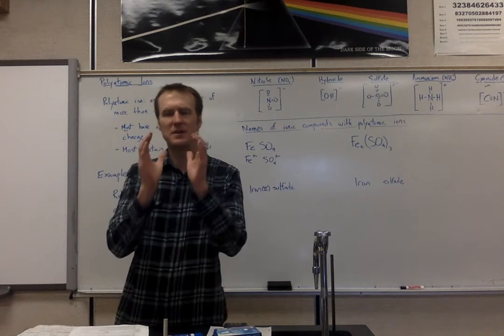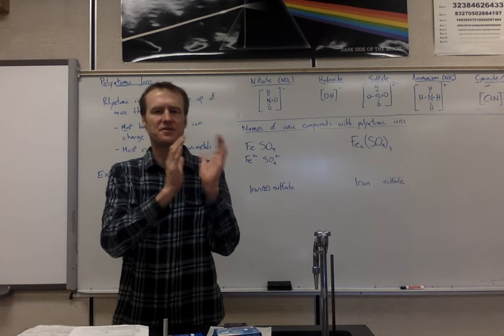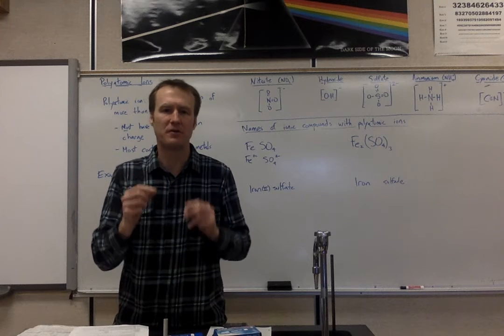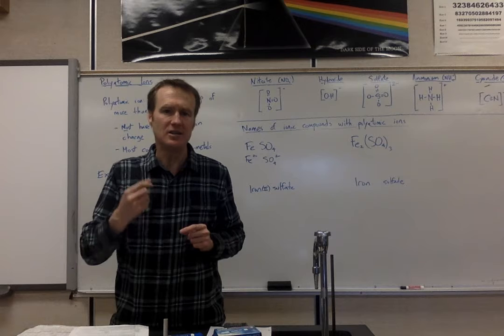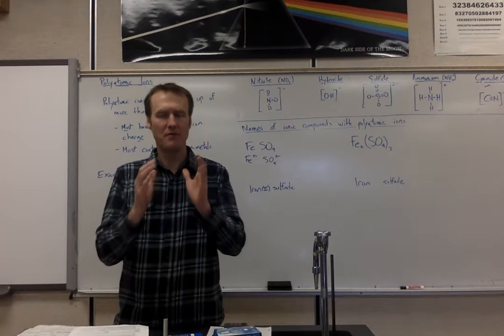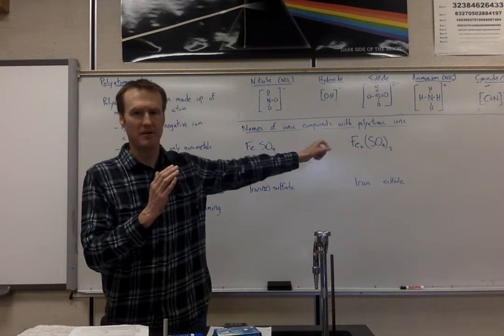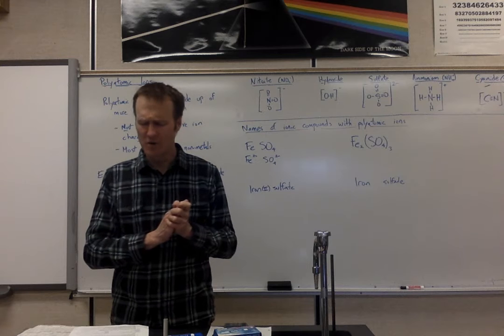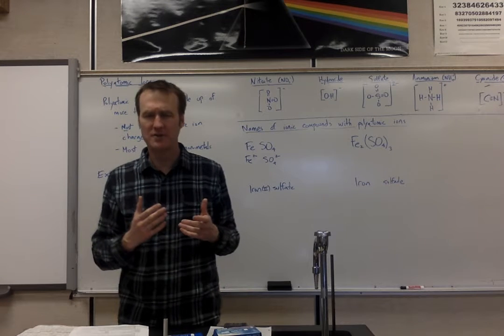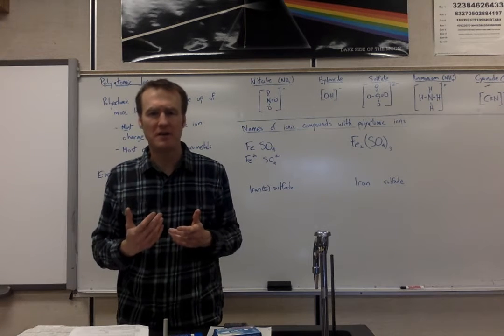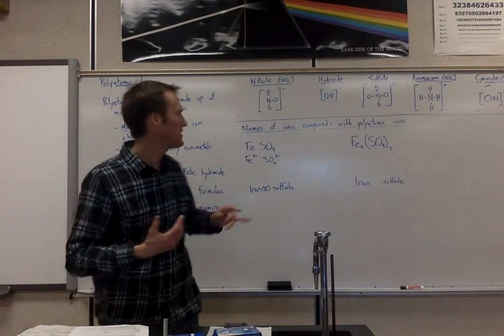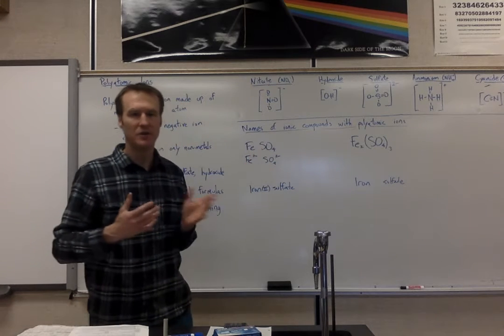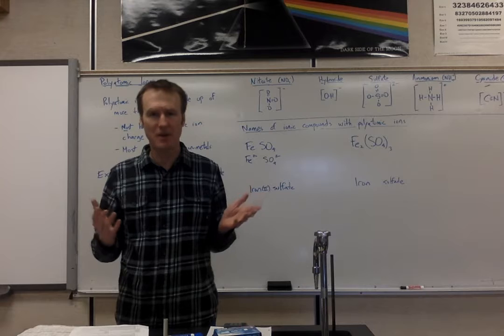You only need to use the brackets when there's going to be a subscript for that ion. In other words, if there's more than one sulfate, you need to use brackets. I'd like you to notice for FeSO4, I only had one sulfate, so I don't need any brackets.